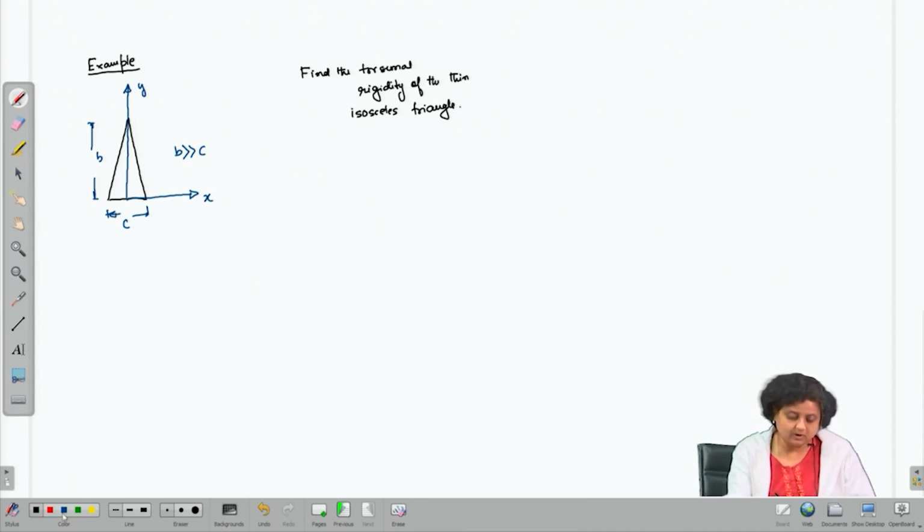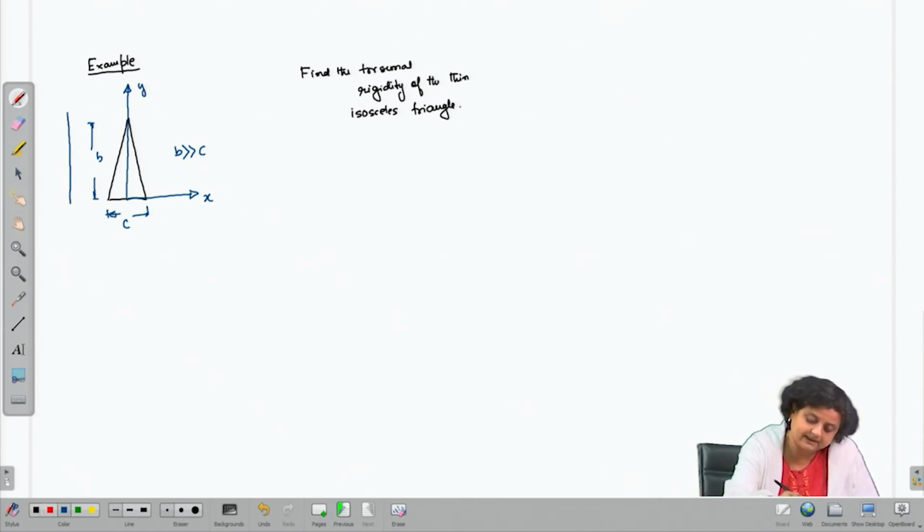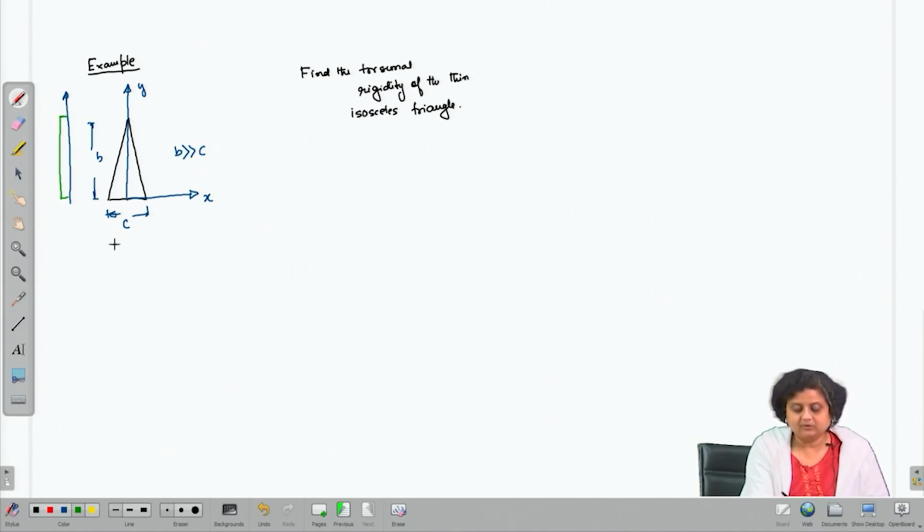In other words, the deformed shape in the yz plane is going to be very well approximated as this, and on this axis it could be very well approximated like this.